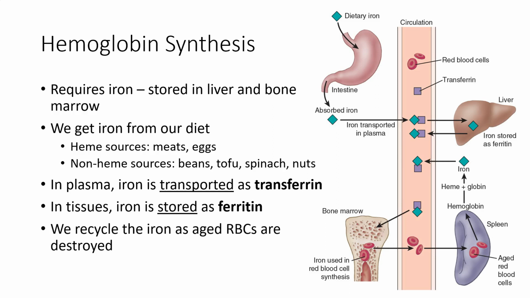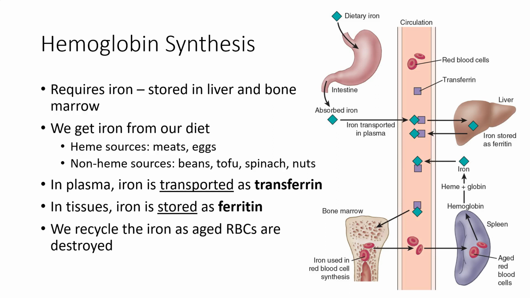Most of our iron, about 80%, is complexed to the heme and hemoglobin. There are small amounts found in myoglobin, in the muscle, and the cytochromes, or the enzymes that contain iron. The remaining 20% we store in the bone marrow, in the liver, in the spleen, and in other organs.